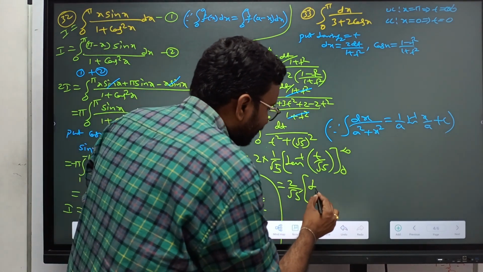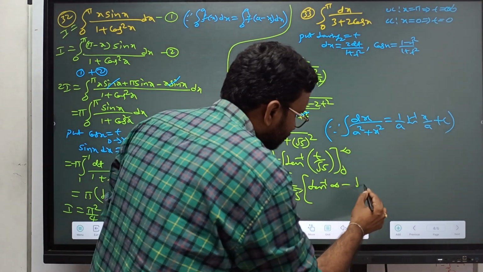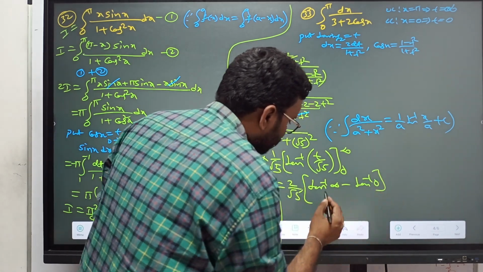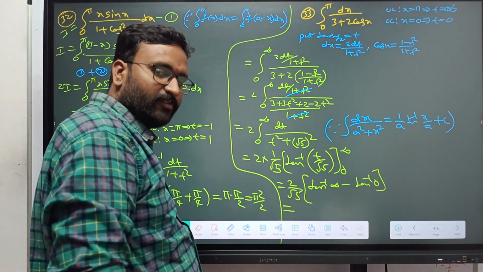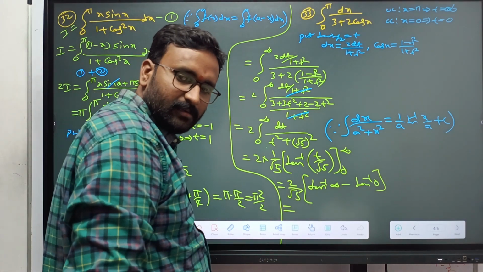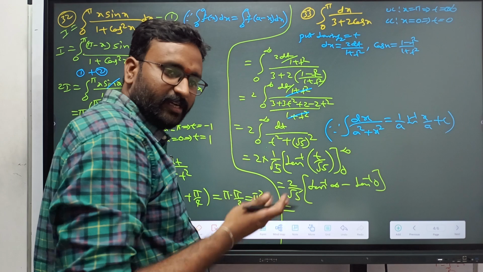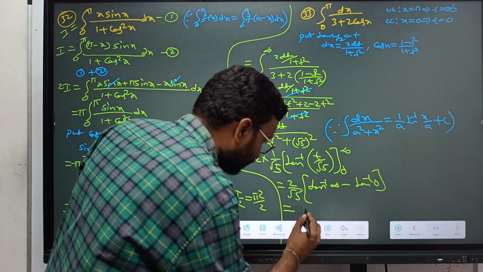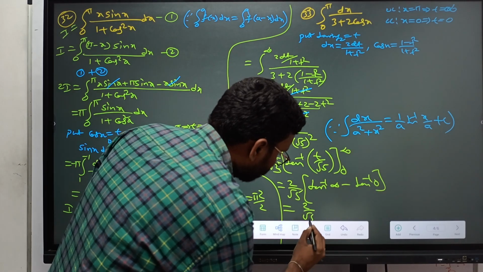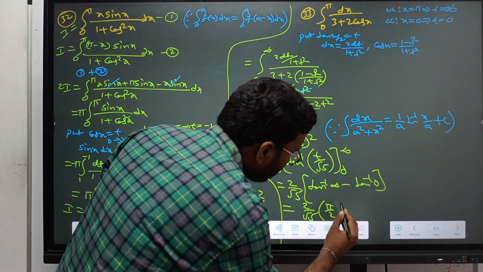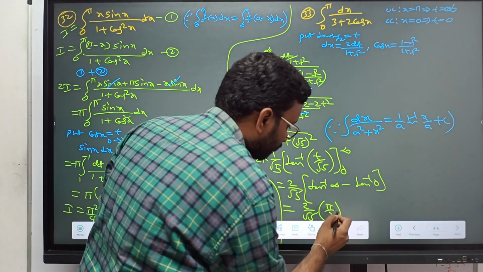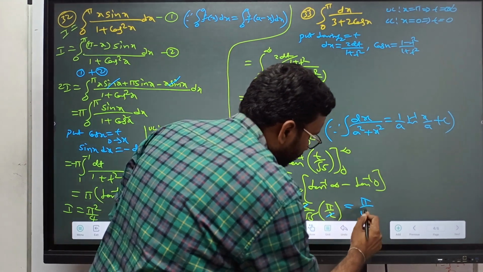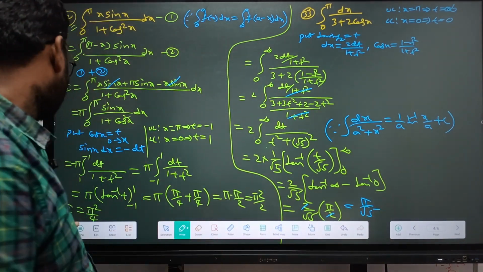So, tan inverse infinity minus tan inverse 0. For which angle will you get infinity? Tan of something is infinity. What is that something? 90. So, 2 by root 5 into 90 means pi by 2, minus 0. No need to write 2. So, pi by root 5 is the answer.